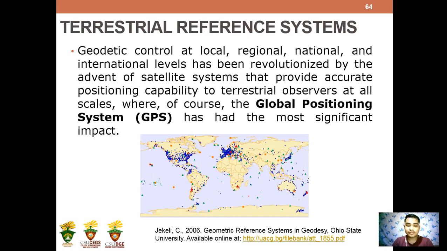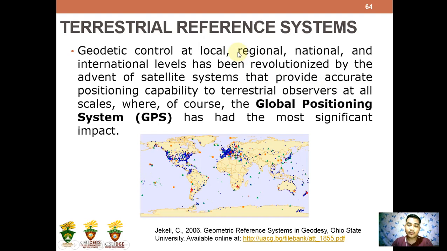So ang mga controls no in the local, for example sa Philippines, kanang mga local control na kamo ang nag-establish no, dili siya pero base siya sa PRS 92 but wala siya gi-register sa NAMRIA or the NAR.